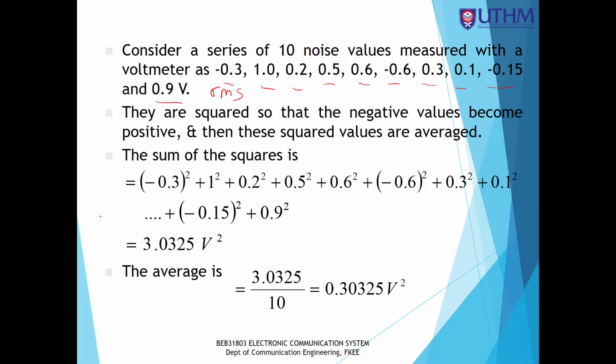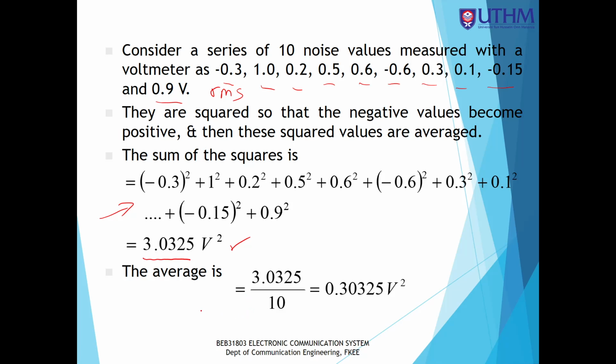So quadratic summation is equal to, you kuasa duakan semua bacaan itu, and then you do the summations. Okay, you tambah semua hasil kuasa dua, and then you get 3.0325 volt square. So this is what we call the quadratic summation of the measured value.